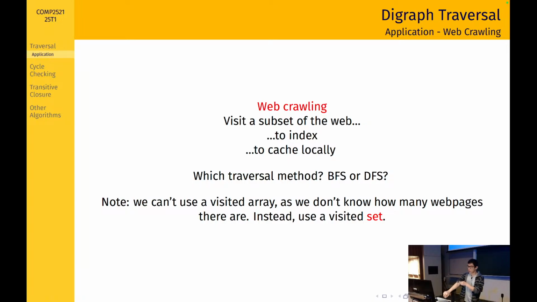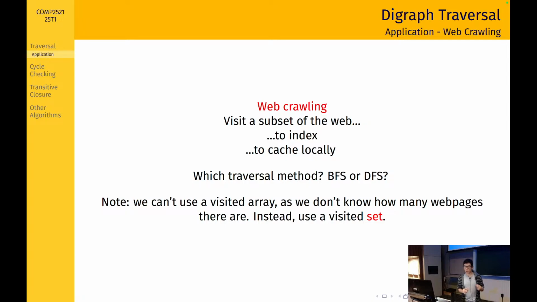And there are some really important use cases of web crawling, right? So one of them is to index these web pages, right? So it's to grab all the keywords from these web pages to develop a kind of index so that when a user searches for some keywords, like in a search engine like Google, right?